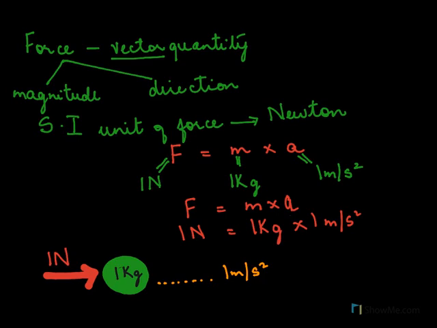So 1 Newton is a force that produces an acceleration of 1 meter per second square in a 1 kg body. So let me go over it again. 1 Newton is a force that produces an acceleration of 1 meter per second square in a 1 kg body.